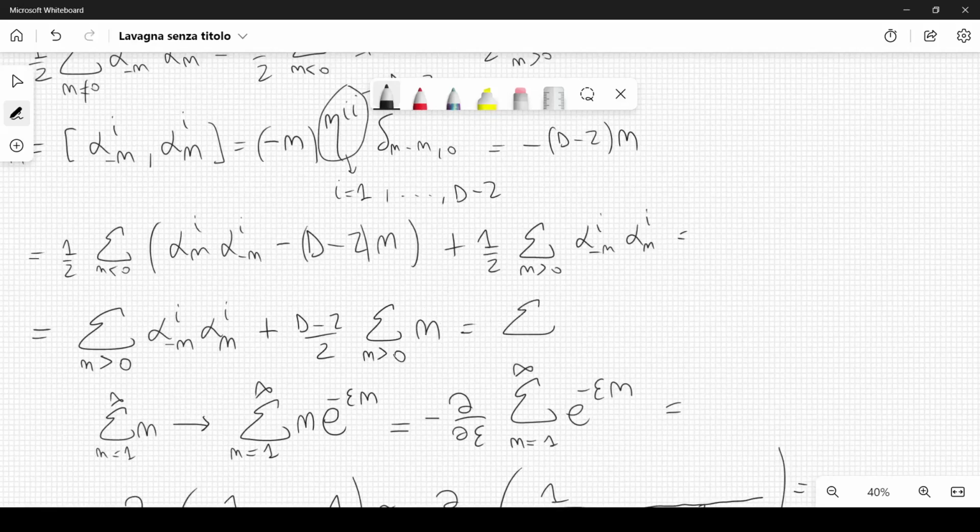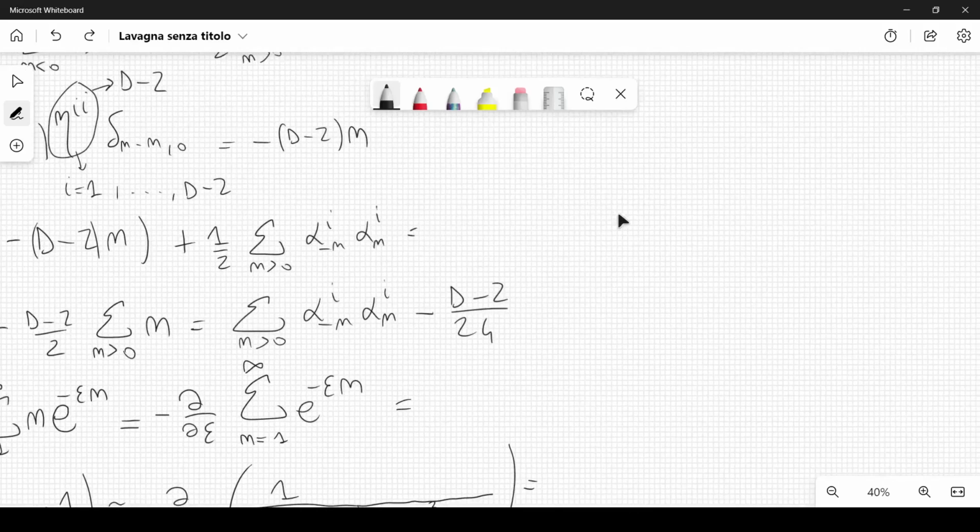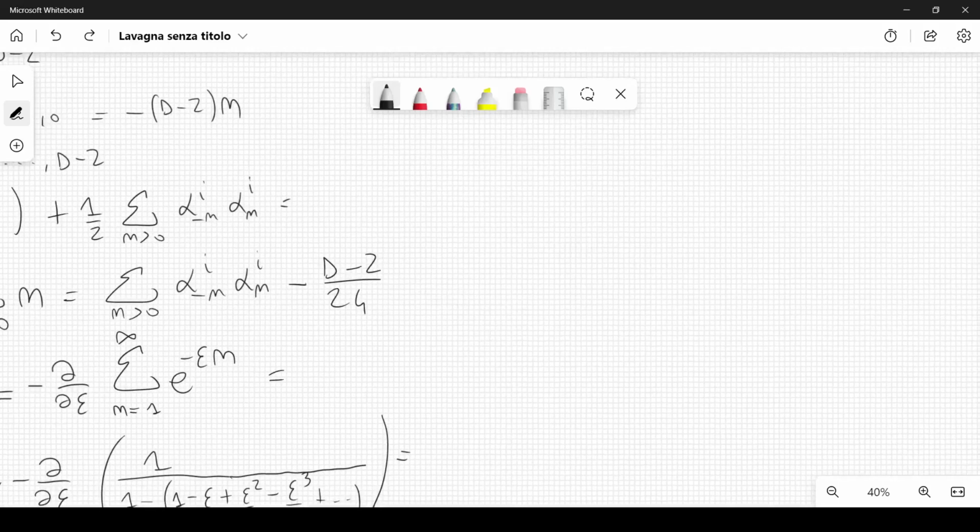So here we get summation over n greater than 0, alpha I minus n, alpha I n. Then we get minus d minus 2 over 24. And this will be proportional to our mass squared operator. In particular, remember that the mass squared operator can be written in this form.